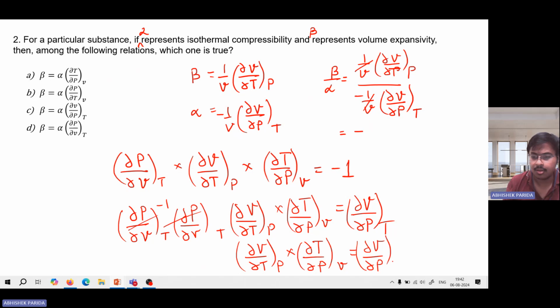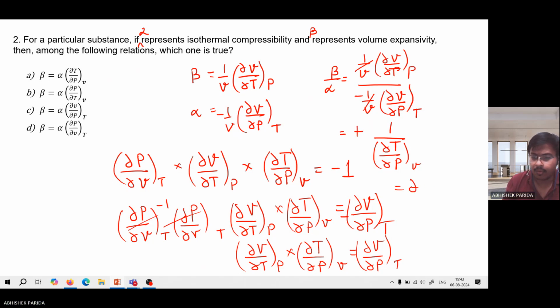Whenever you put this in here, which one will get cancelled out? Of course, this one will cancel out. So it is 1 by dou T by dou P at constant specific volume. One minus sign is already there, so minus minus will become plus.